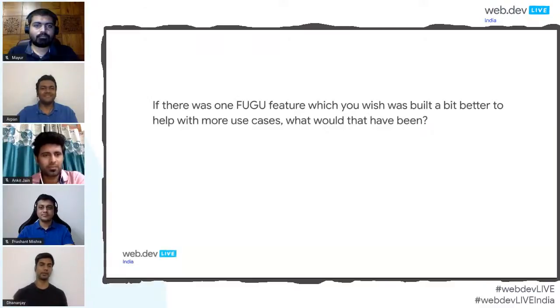Anyone else's favorite features? Yeah, so I'll just take a shot on this. Of course, as Ankit has mentioned, Web OTP is definitely a face saver, and I think it is built in a good manner. But one feature where I would be interested to have some improvement is the contact picker example which I was talking about earlier.